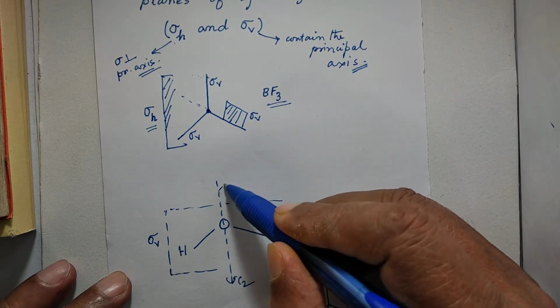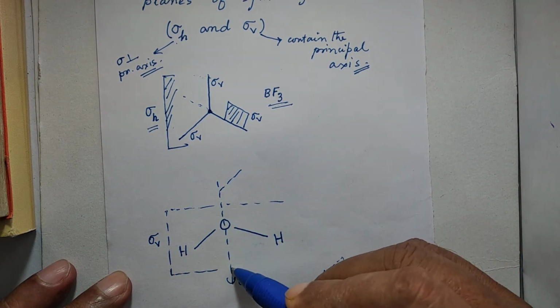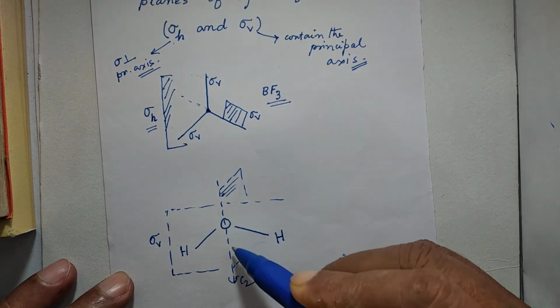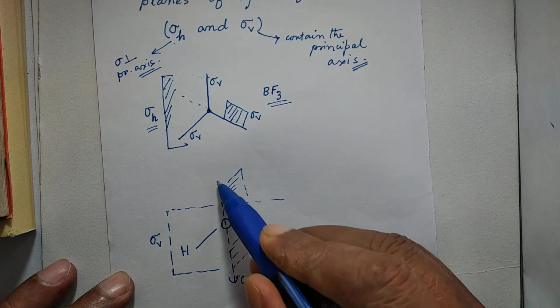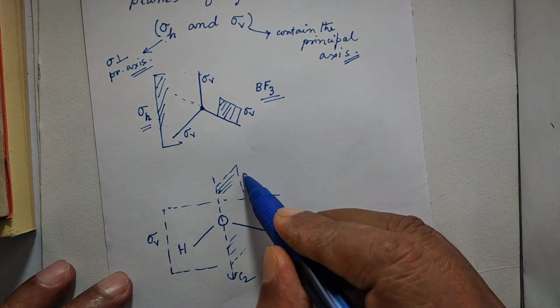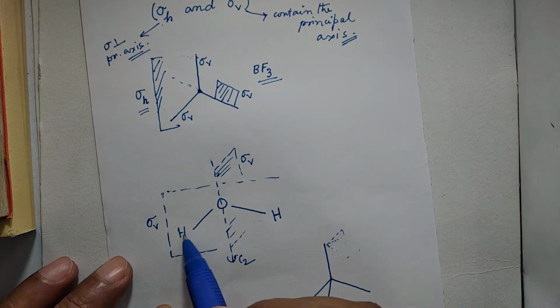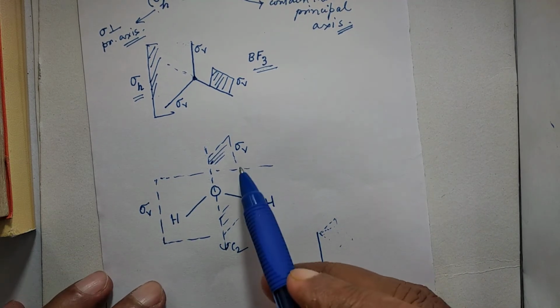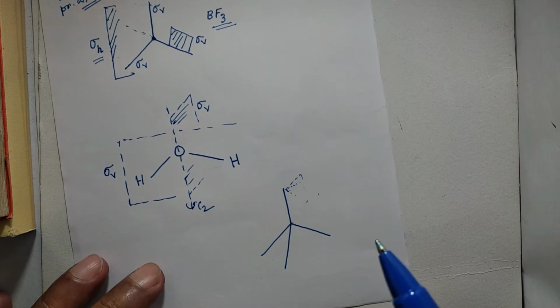Similarly, there is another plane of symmetry for this molecule. This plane also contains the C2 axis. Therefore, this is also a vertical plane. Both the planes, in case of H2O molecule, are sigma V planes.